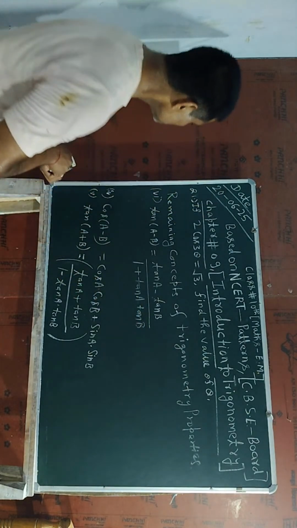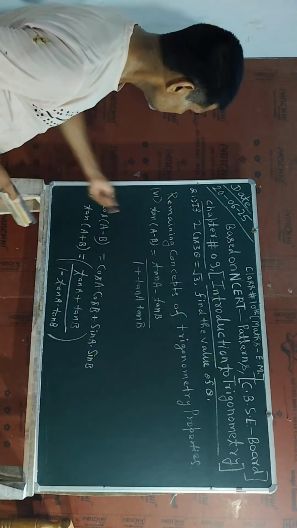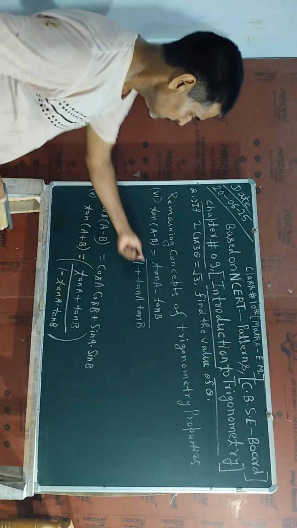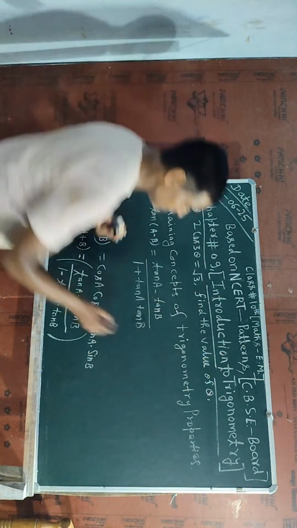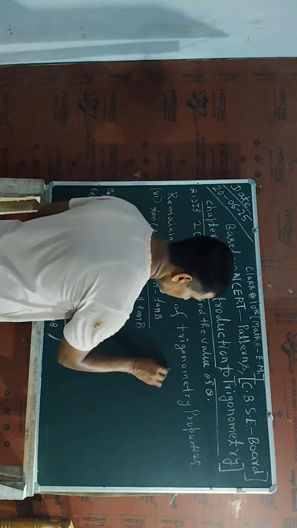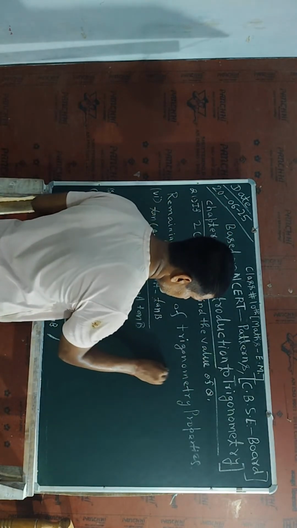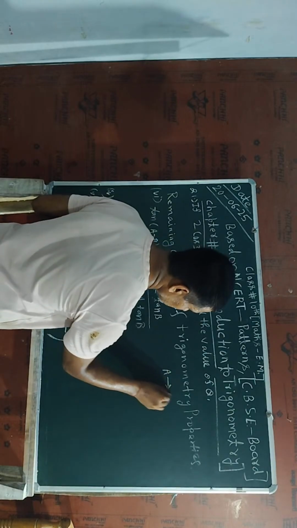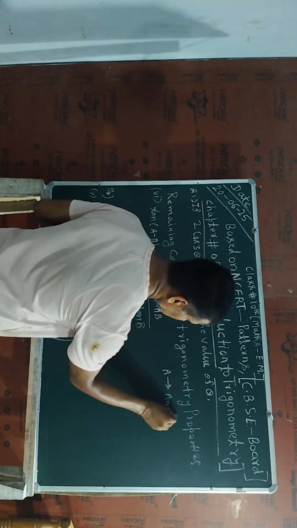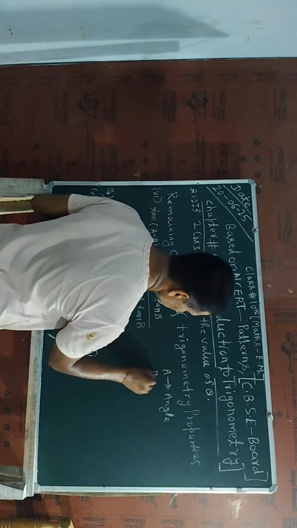Okay. So this is formula number 6, because A and B are angles. Here A is also known as an angle, and B is also known as an angle.